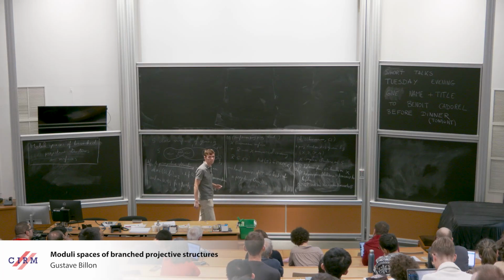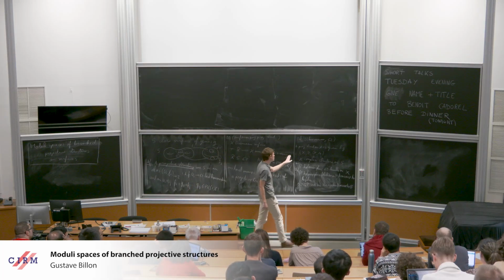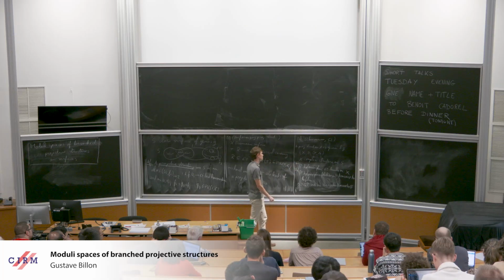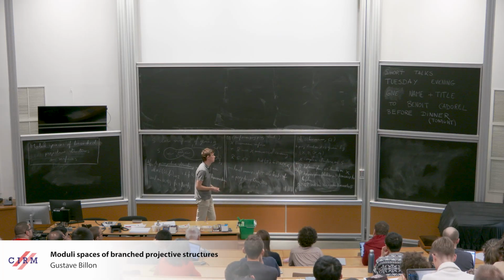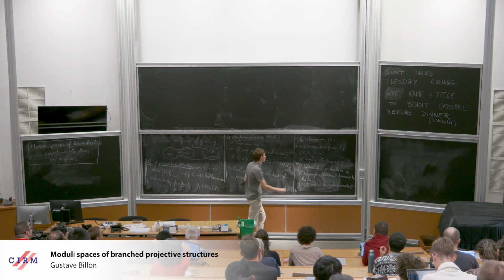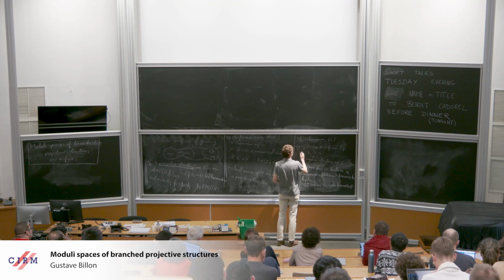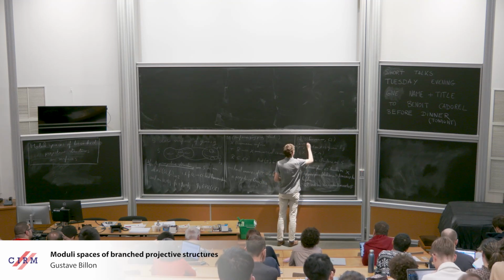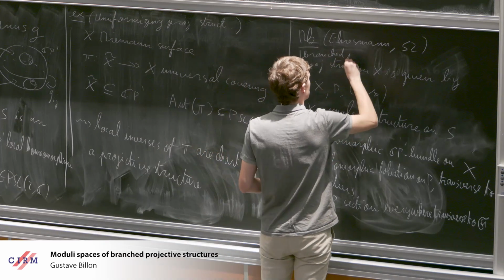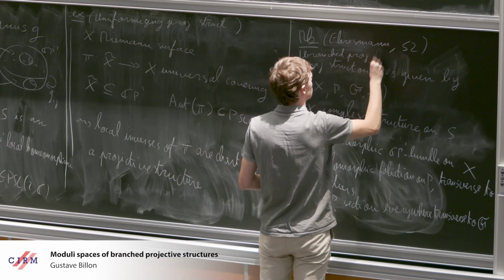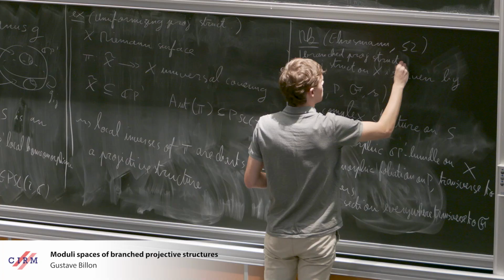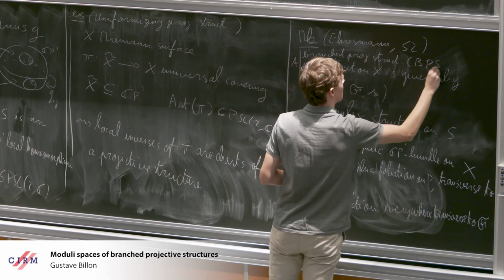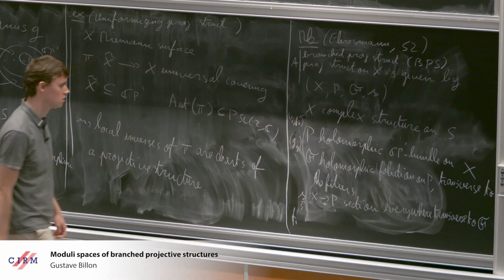And so the idea is to study these objects without the last condition. And this is the notion of a branched projective structure. I will write BPS in my talk.